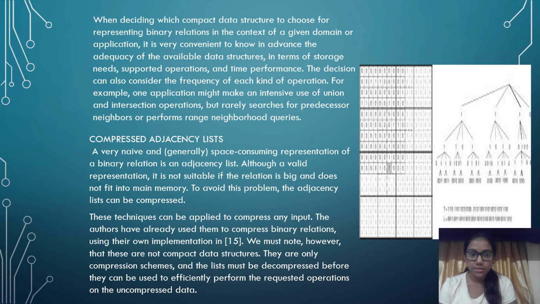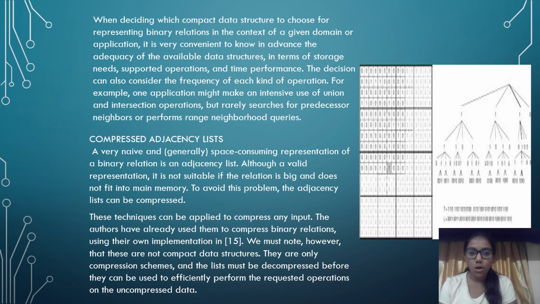Compressed adjacency list. A very naive and generally space-consuming representation of a binary relation is an adjacency list. Although a valid representation, it is not suitable if the relation is big and does not fit into main memory. To avoid this problem, the adjacency list can be compressed. These techniques can be applied to compress any input.